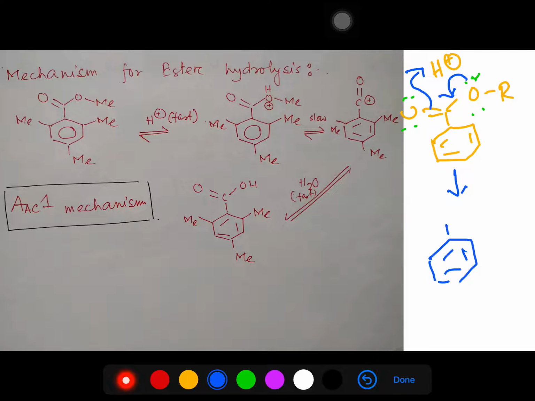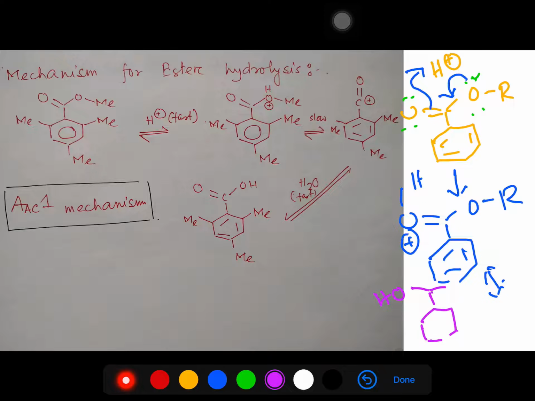Okay, so what should be the consequence? This is the OR, and this is resonance stabilized. Now actually in this case this doesn't happen. Why? Let me draw the resonance structure so it could be a little easier for you.